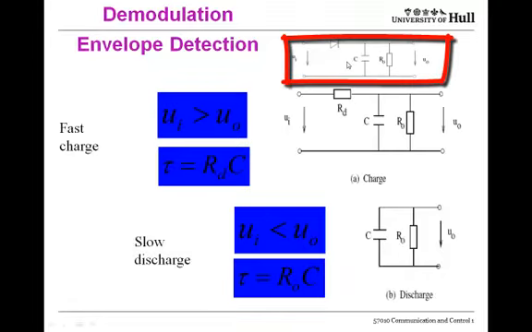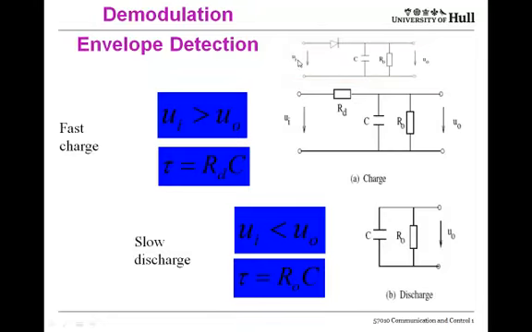Here we have our envelope detection circuit again. It operates in two different states depending on whether UI, the input voltage, is higher or lower than UO, the output voltage. When UI is bigger than UO, we have the fast charge state. In that case, this diode is forward biased, and so it looks like a small resistor. If we have a voltage UI bigger than UO, then that leads to a current flowing through this resistor, and it charges this capacitor.